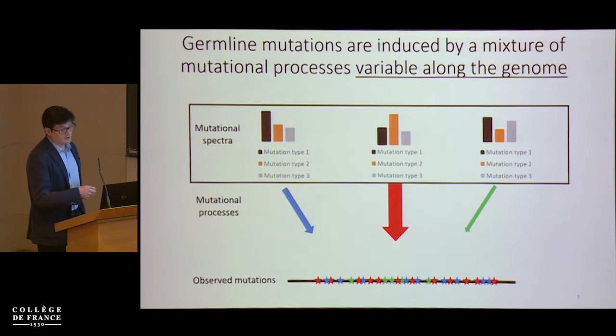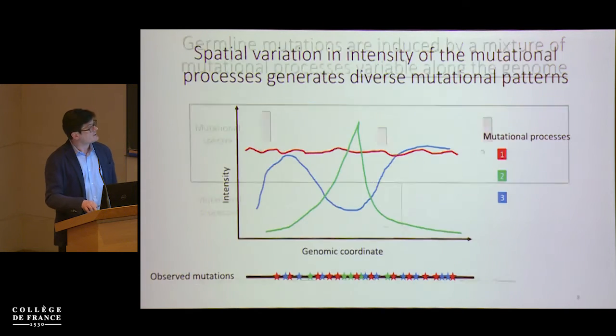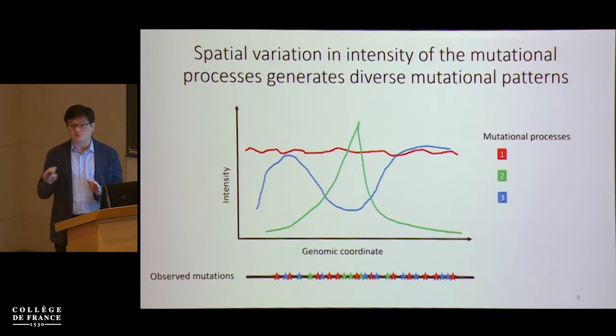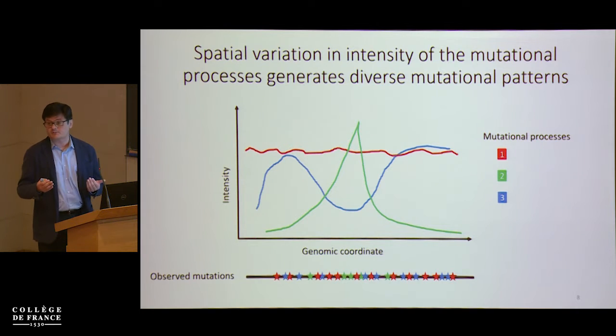So you go along the genome, and at each point in the genome, you see a superposition of independent processes. So far, I know nothing. I just postulate the model that I have variable processes. They act completely independently. Each has a signature, and what we're seeing along the genome is a superposition.